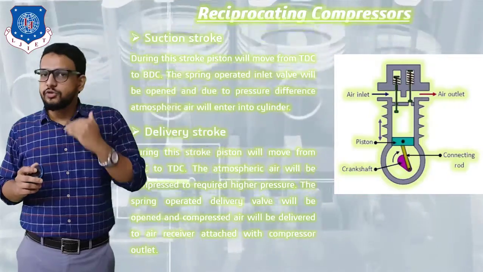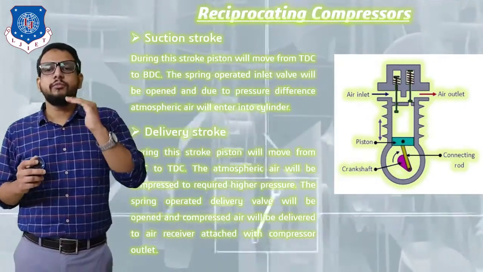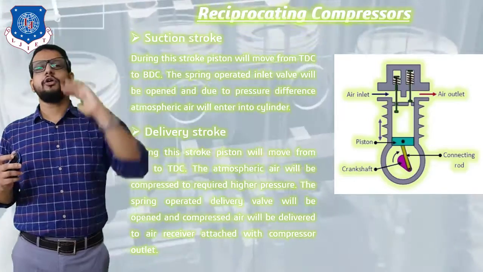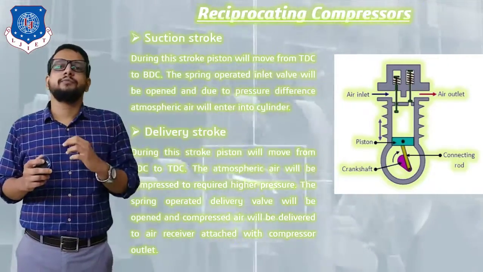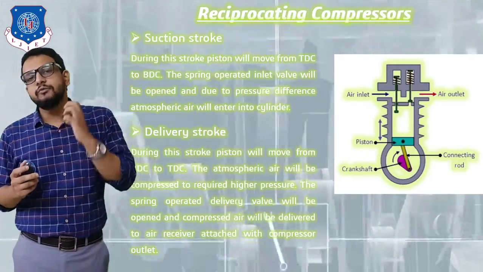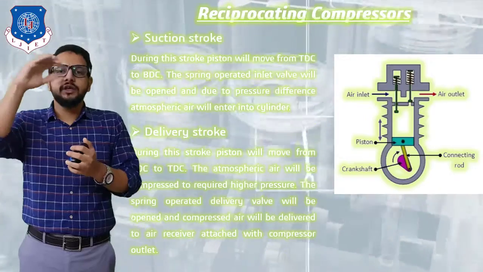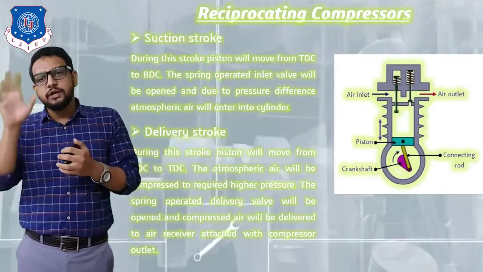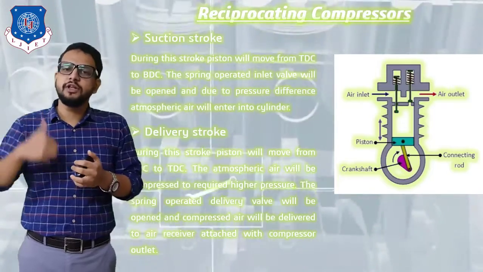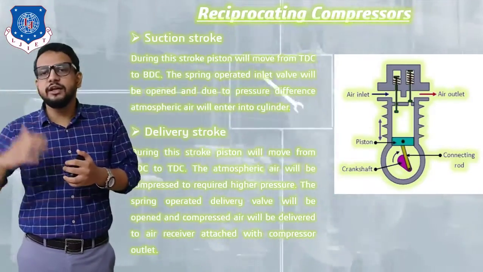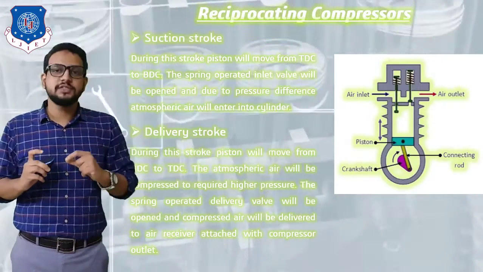In the next stroke, called the delivery stroke, the piston will move from bottom dead center to top dead center. At that time, whatever air has been sucked in will be compressed because the piston moves in the upward direction, the inlet valve will get closed, and the pressure and temperature of the air will increase. Finally we can achieve compressed air on the top side of the cylinder.